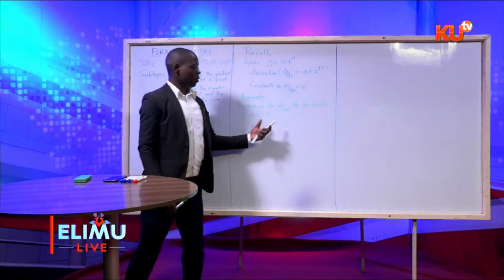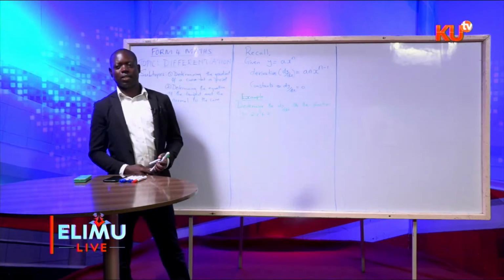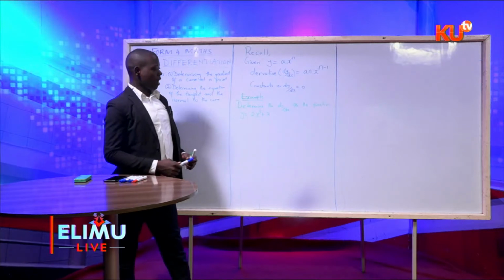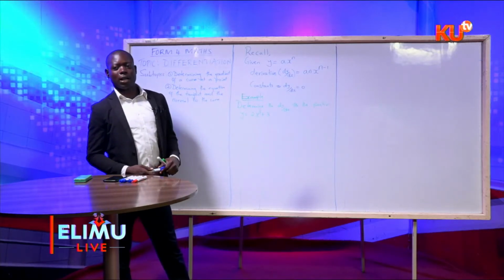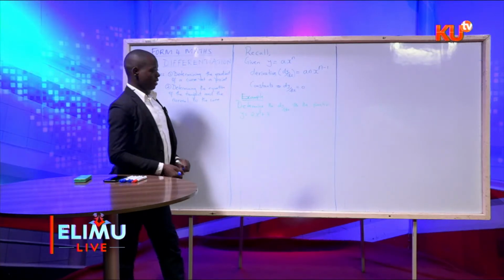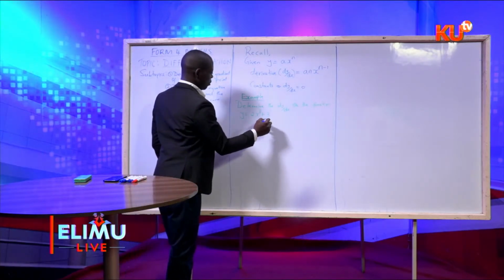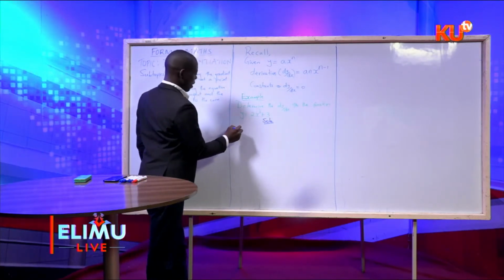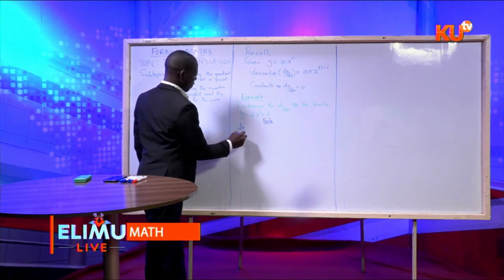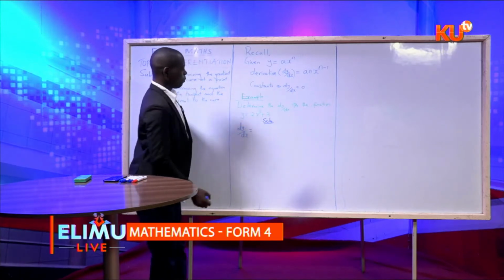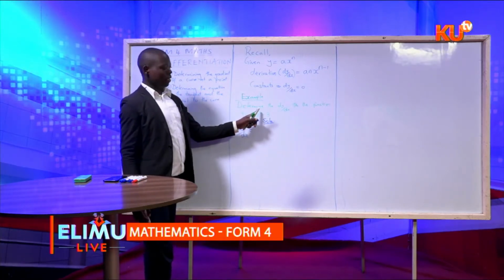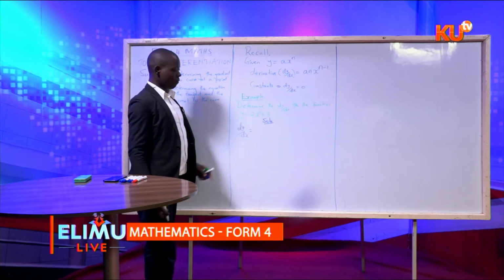So what do we need to do in this case, students? Y is 2x cubed plus 3. The first thing that we shall do is write our dy dx, being the derivative, equal to: we take the power 3 multiplied by the coefficient 2.